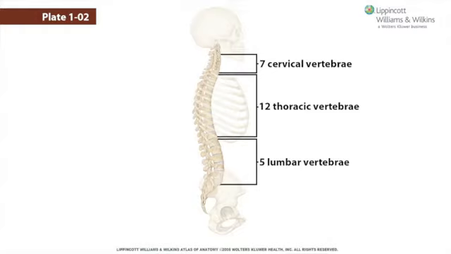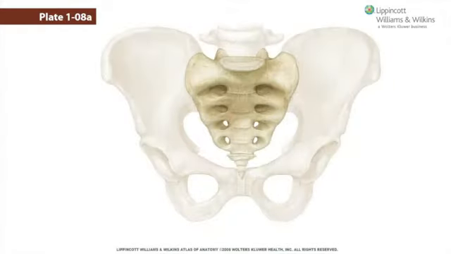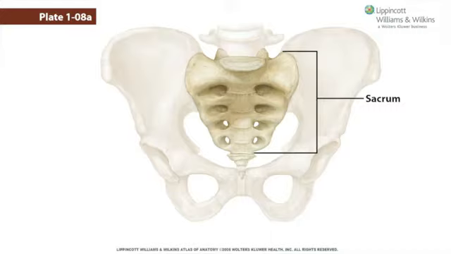That is C1 through C7 for the cervical vertebrae, T1 through T12 for the thoracic vertebrae, and L1 through L5 for the lumbar vertebrae. The next 5 vertebrae are usually fused to form the sacrum, which articulates with the hip bones to form the bony pelvis. The final 4 vertebrae are fused to form the coccyx.